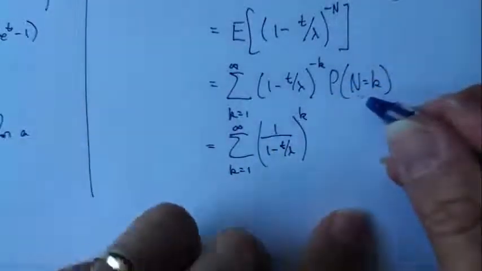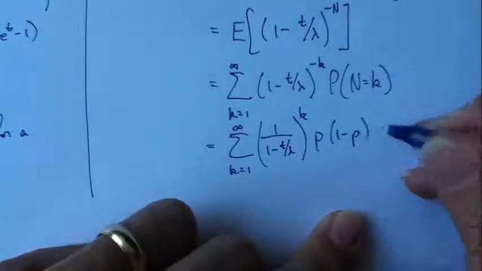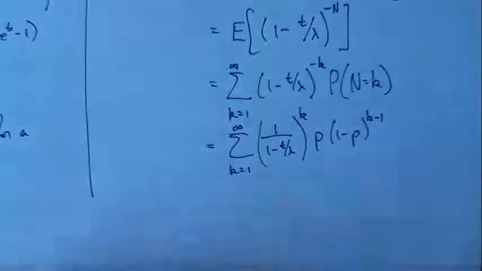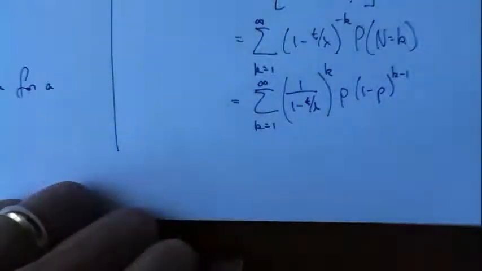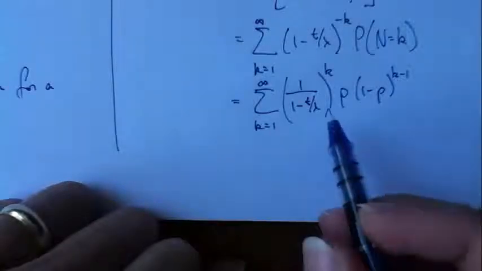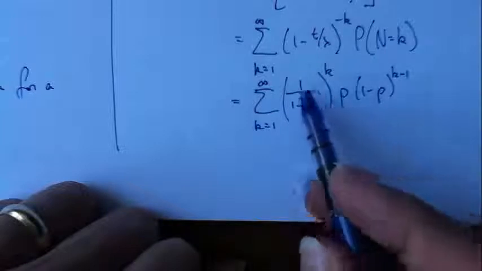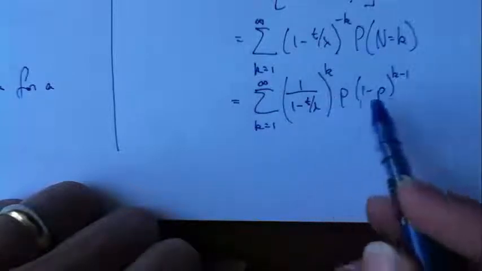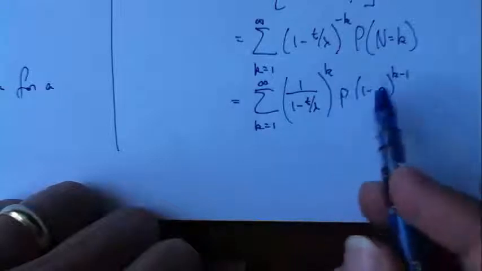Now the probability that N equals k is p times 1 minus p to the k minus 1. Now I'm going to pull out the p, and I'm also going to pull out one of these factors so that every factor in here is raised to the same power of k minus 1.